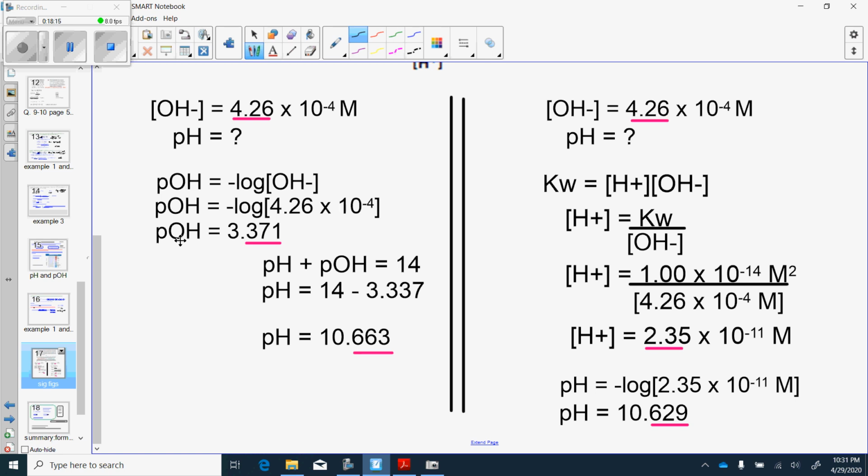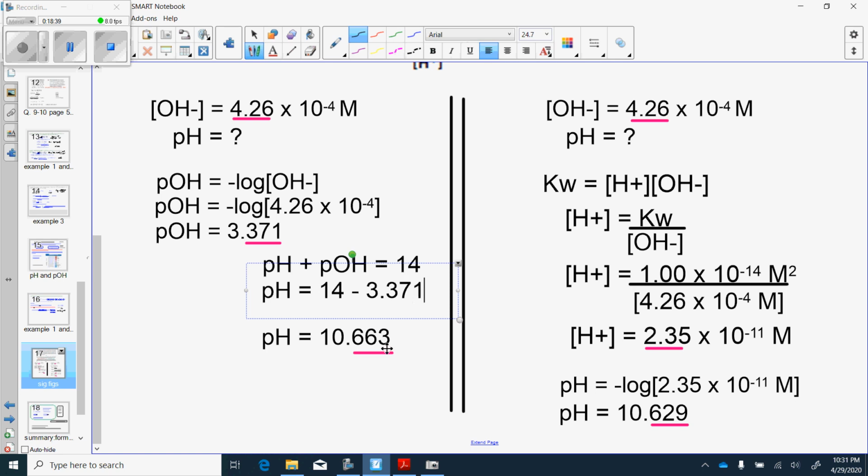And if you recall, there's a nice relationship between pH and pOH. They add together to give me 14.000, as many zeros as you need. And so by knowing that one of them is 3.371, I can take 14 and subtract 3.371.